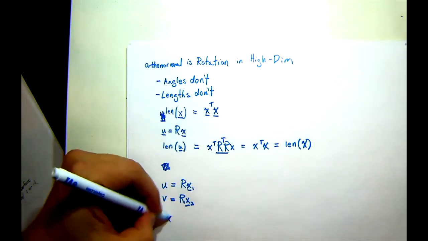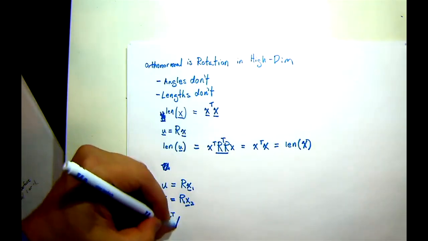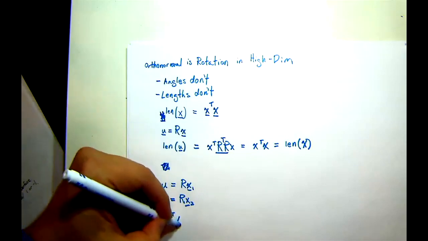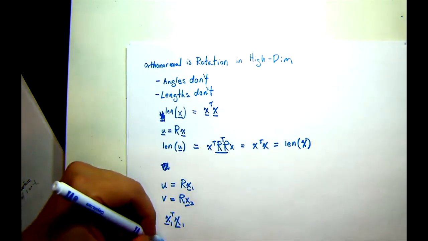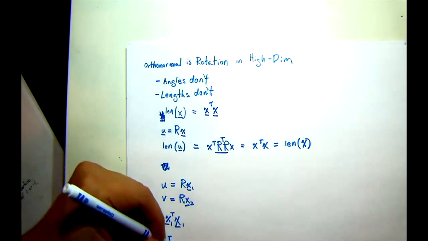The angle is defined as x1 transpose x2. That's what we're going to define the angle as. So now we have to look at u transpose v.